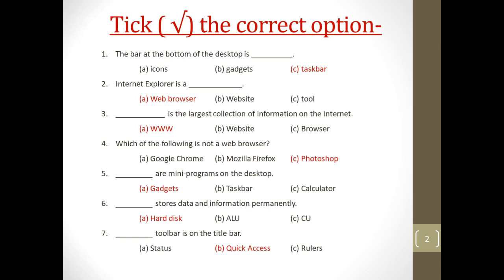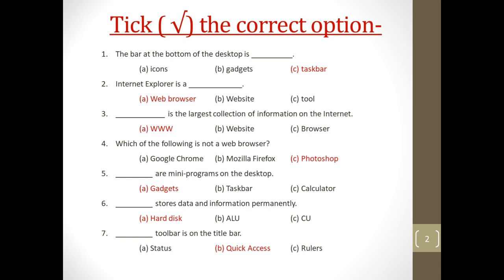Sixth is dash stores data and information permanently. Three options: hard disk, ALU means arithmetic and logic unit, CU means control unit. And out of these three, hard disk stores data and information permanently.